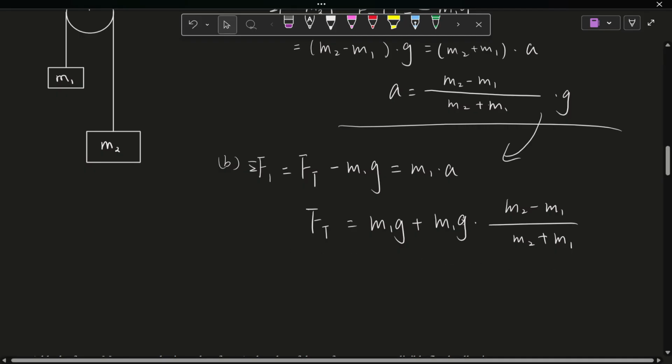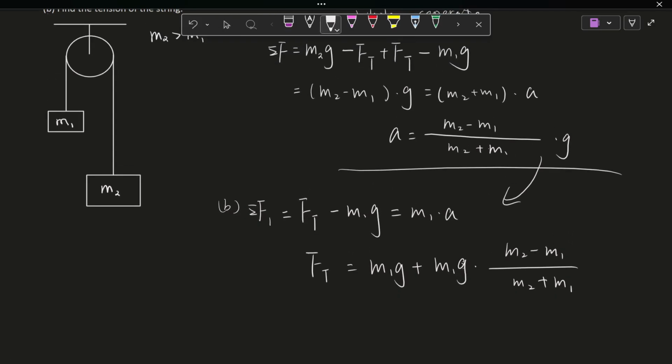Or I can analyze it using the second object.